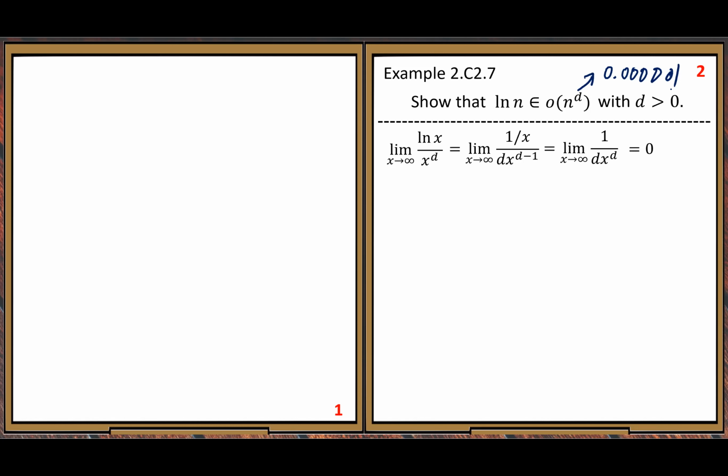We need an upper bound and a lower bound. So let us take the inequality version of Stirling. The lower bound is root of 2 pi n, the same as before. But for the upper bound, we change the root of 2 pi to the constant e, the natural log base.